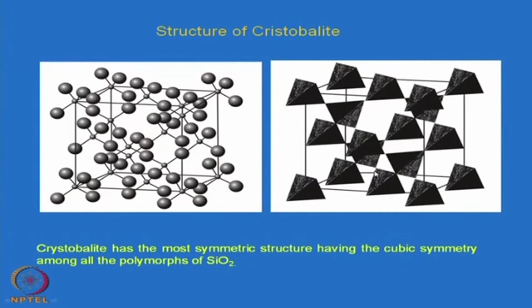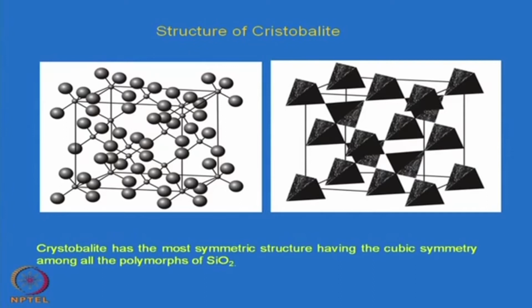However, one has to find one difference from the structures we have discussed so far. Whenever you talk about symmetry, it is the position of one particular atom, either the cation or the anion, that determines the symmetry. Here the motif, the units, are actually silicon oxygen tetrahedrons. Earlier, in many structures, atoms were positioned at the corners of the cube.